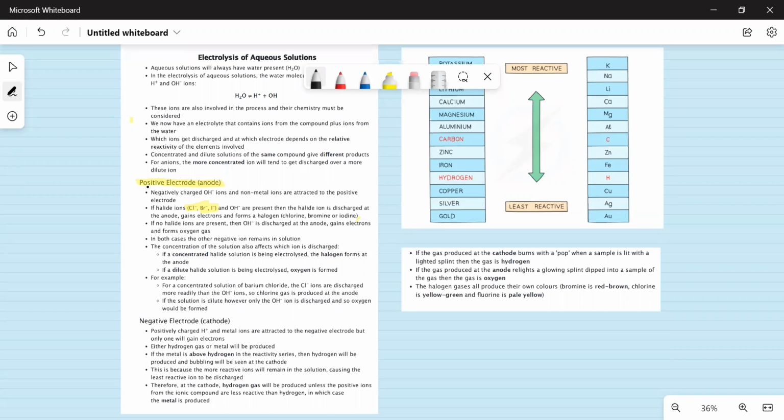Under that, take another subheading: selection of anions.